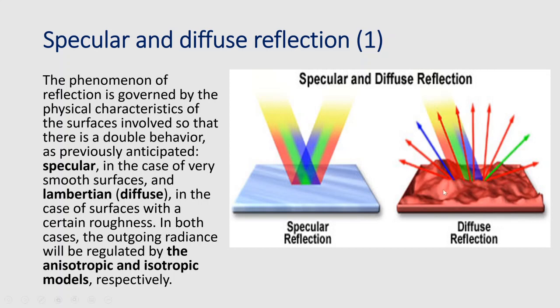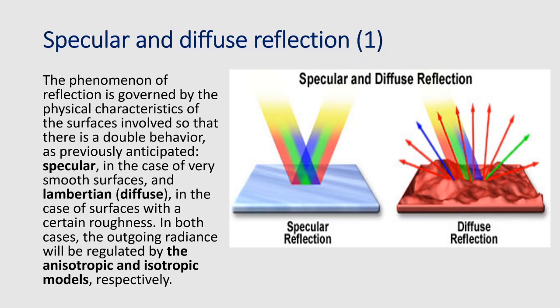Well, when we have diffuse reflectors, you see a surface that is rough, not smooth like this one. The energy coming, for example, from the sun in the visible is reflected, from the hemispheric point of view, in very different directions.